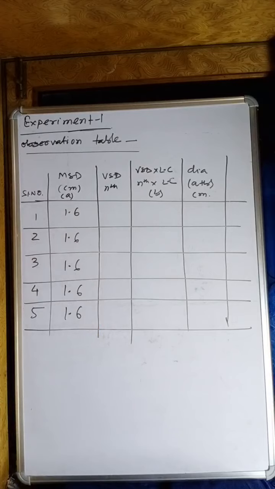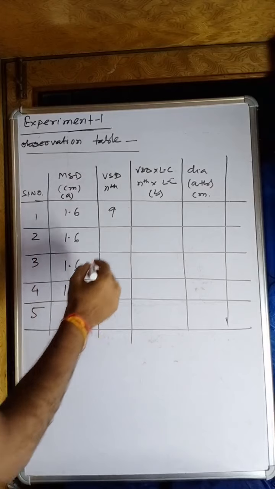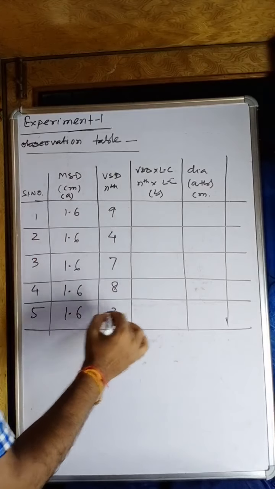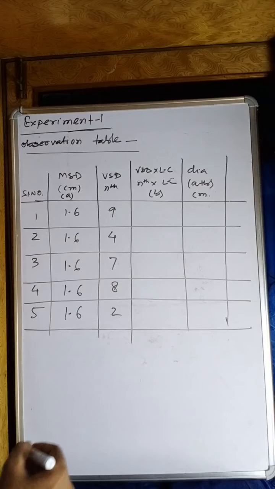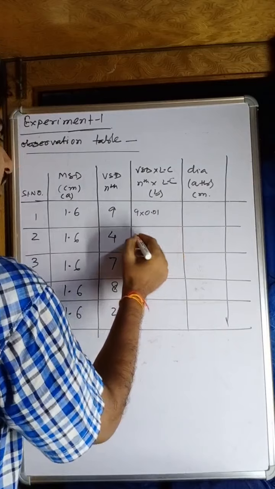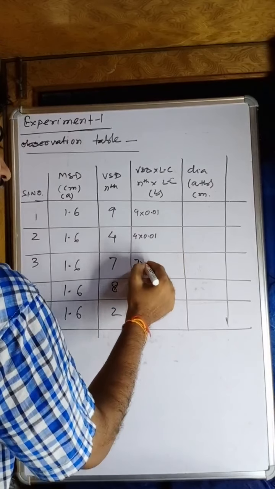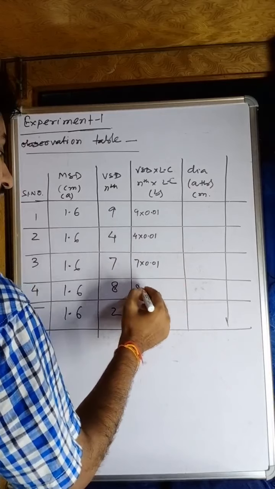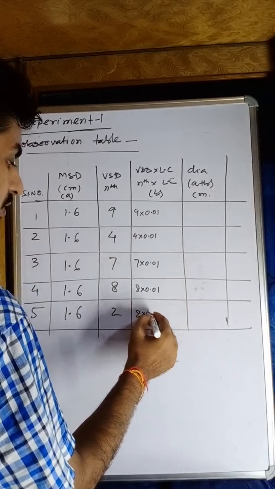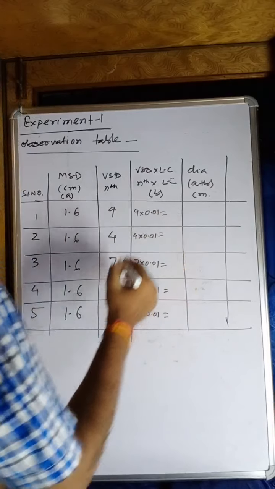But here you got the vernier scale division 9, here 4, here 7, here 8, and here 2. After calculation you will get 9 into 0.01, 4 into 0.01, 7 into 0.01, 8 into 0.01, 2 into 0.01. Alright, and this will give you a certain value.